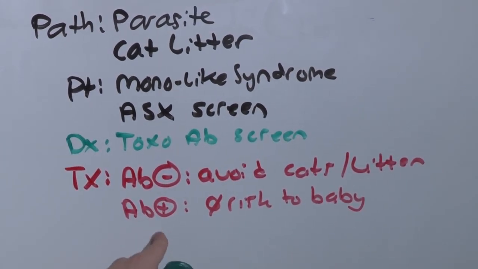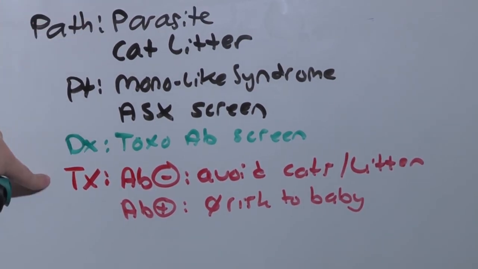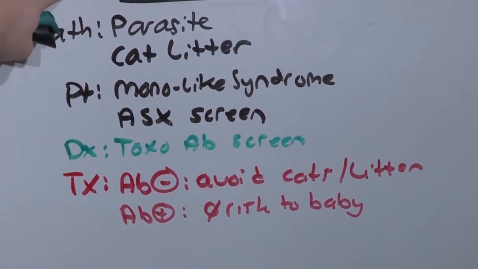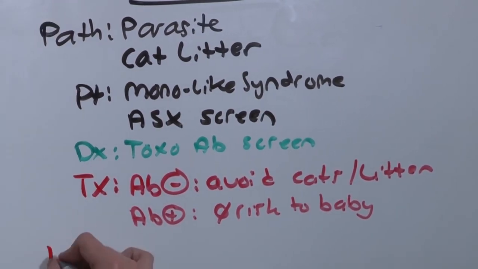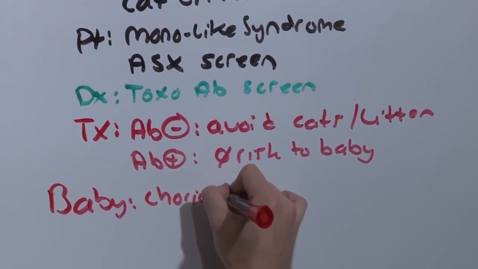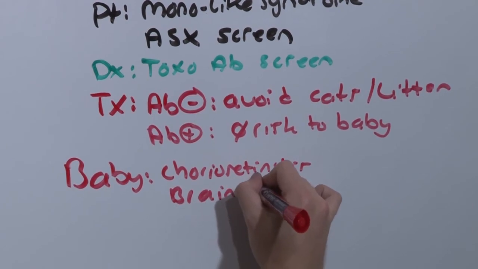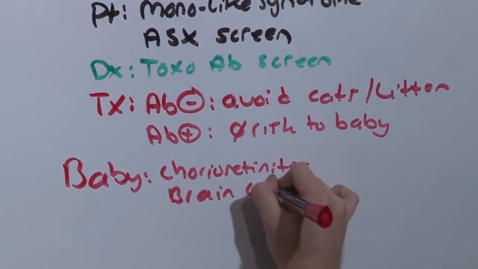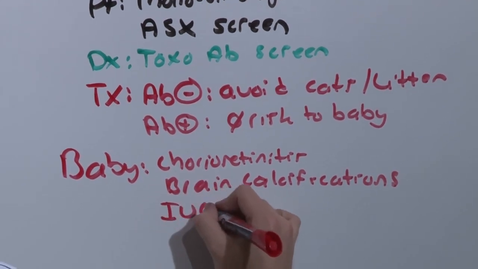So the only time baby is at risk for toxoplasmosis is in a mom who is antibody negative who then encounters toxo, causing that primary infection that leads baby to have chorioretinitis, brain calcifications, and symmetric intrauterine growth retardation.